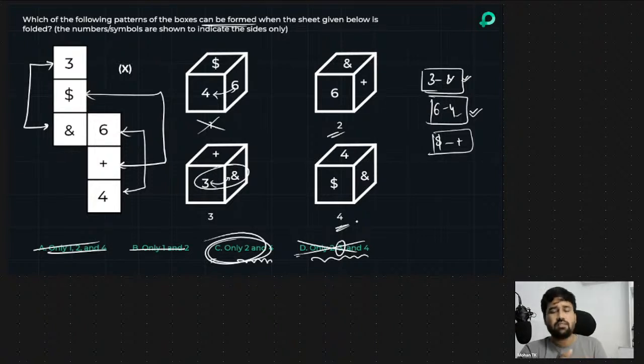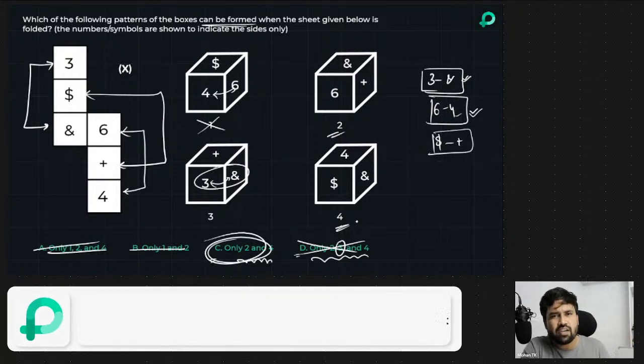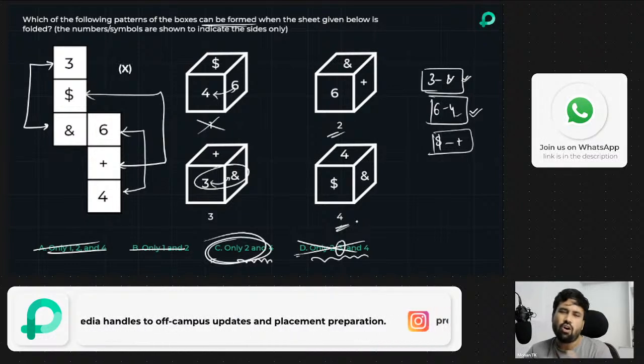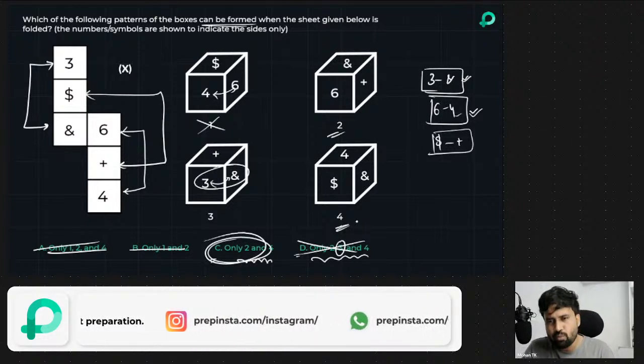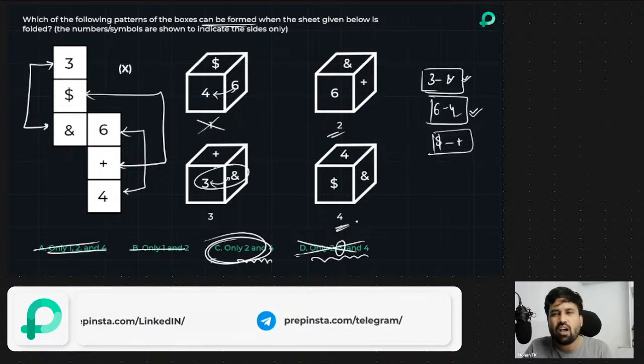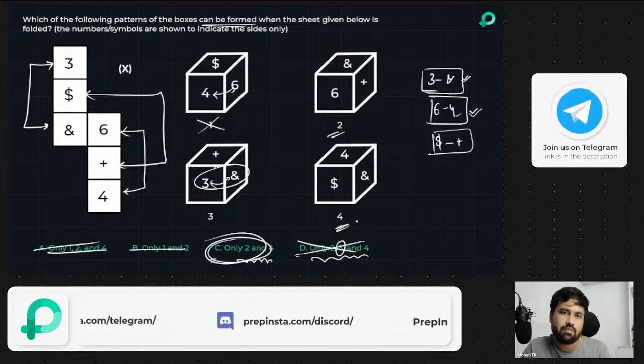So see guys, these type of approaches only will help you in the exam to do it in very less time. Why? Because I have heard a lot of comments from the students after they completed TCS NQT or TCS Ninja or TCS Digital. They will always raise one topic: sir, we are aware of the concepts, but we are unable to do it in less time.